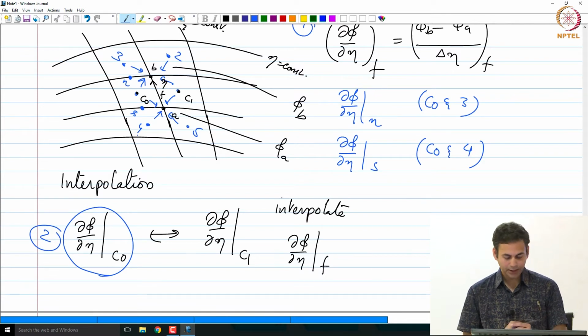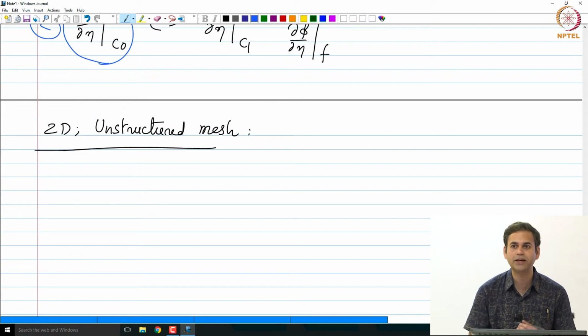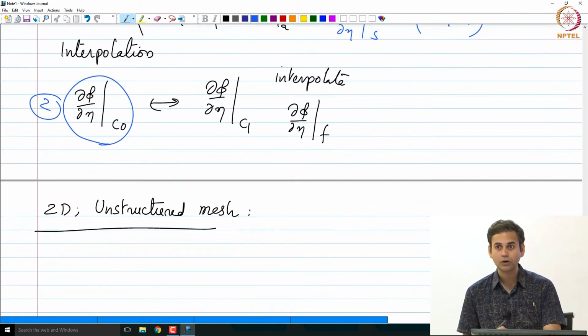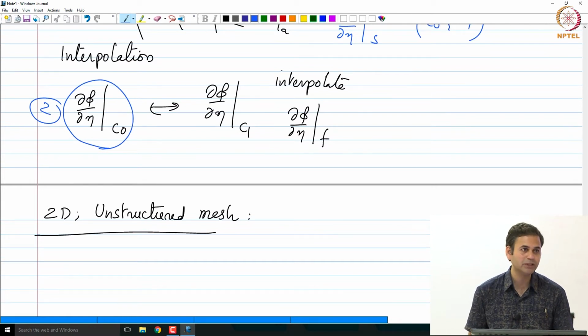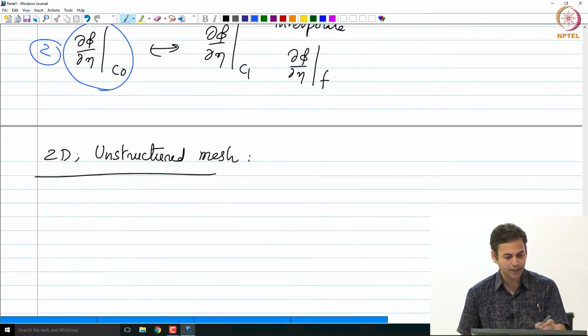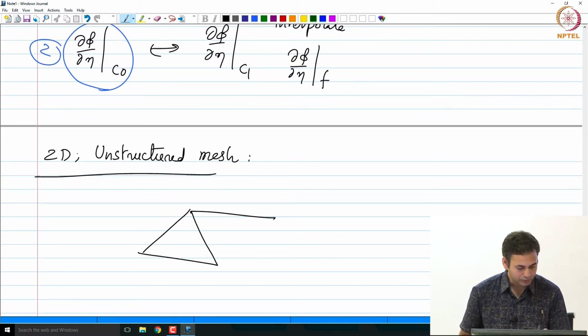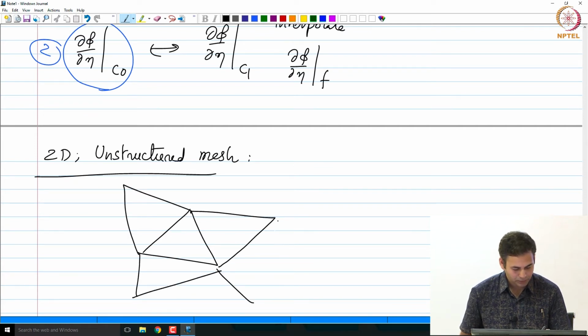Okay, that is good. Then what about if we have a 2D unstructured mesh? Can we use a similar strategy to calculate the partial phi, partial eta or not? If we have a 2D unstructured mesh, that means let us say we have triangular cells, which we have started off with. So, essentially we have some triangular mesh, okay.